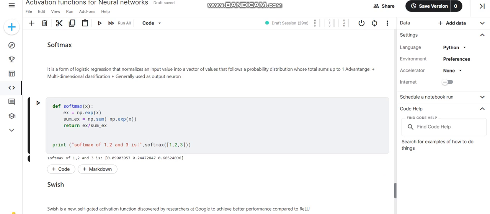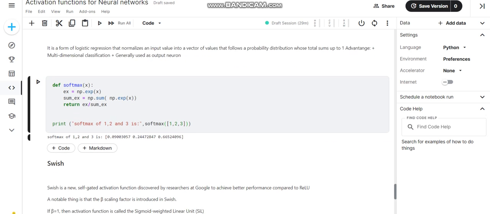The formula for softmax is the exponential of x divided by the summation of exponentials of x, where x is one class. So it basically gives us a probability of the occurrence of one class over the other classes. And softmax with n equals 2 is basically a sigmoid function.